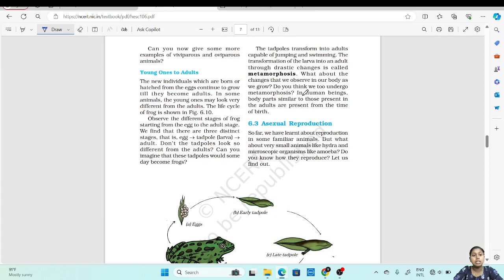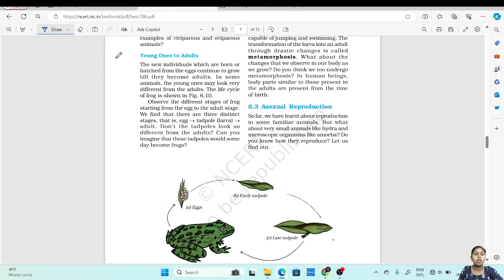Next is the development or the growth of the young ones to an adult. So how do they grow? The young ones, the new individuals which are born or hatched from the eggs, continue to grow till they become adults.